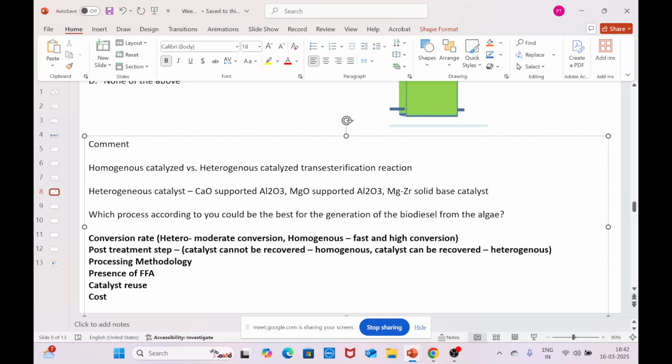Processing methodology is limited, or you can say batch, for homogeneous, and continuous in case of heterogeneous.